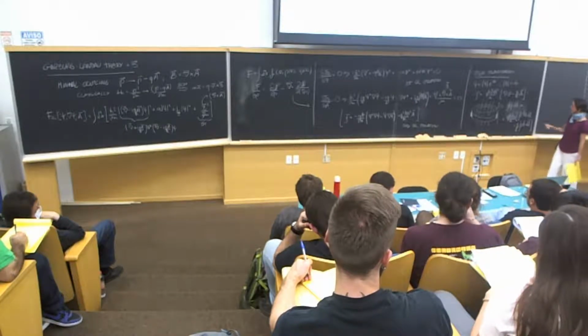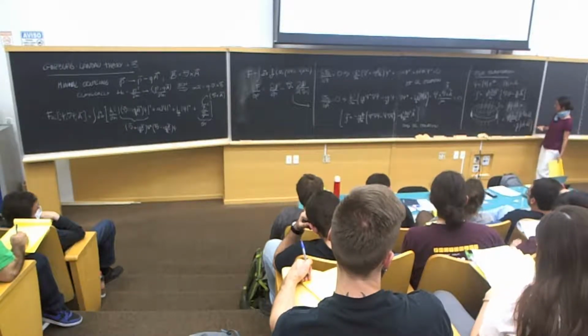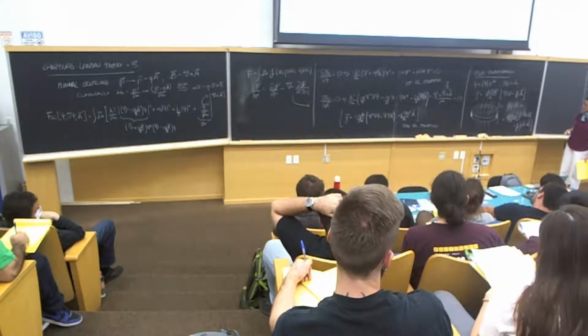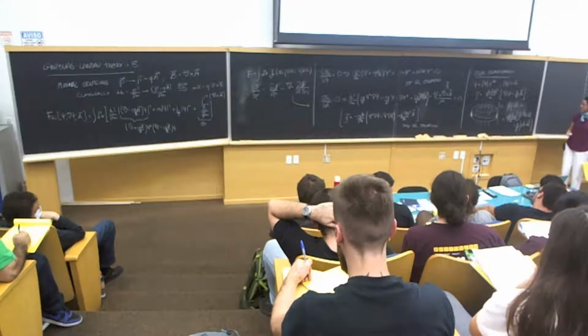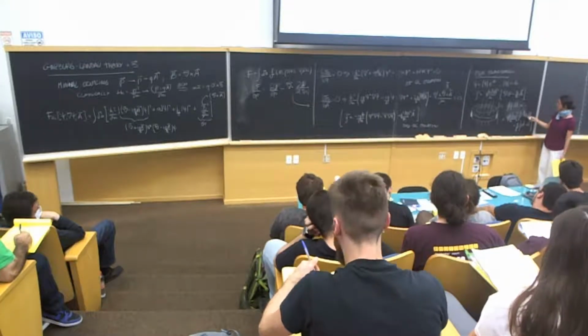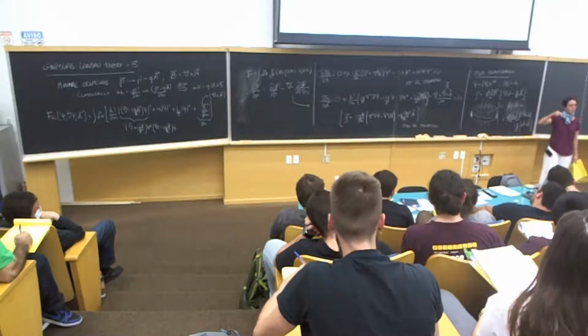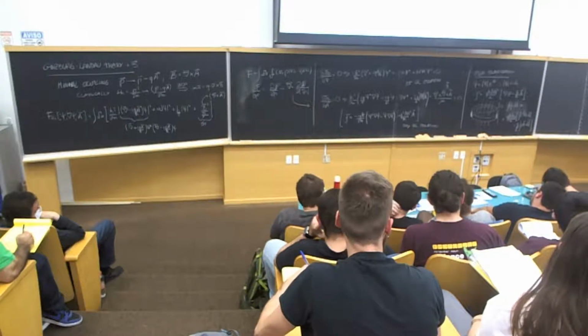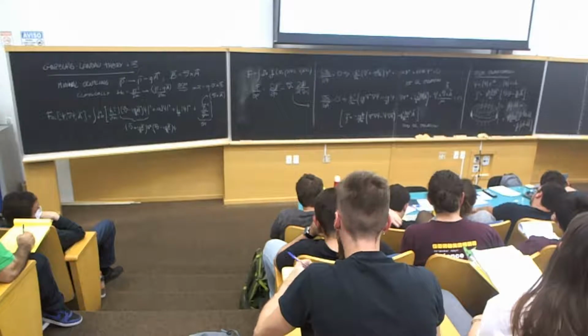Then we can make arguments that actually specify this. The first is about the phase. Think about my wave function and take the phase of the wave function valued.